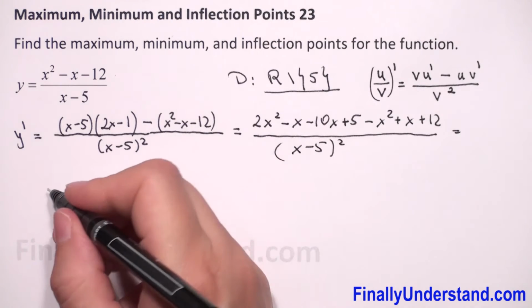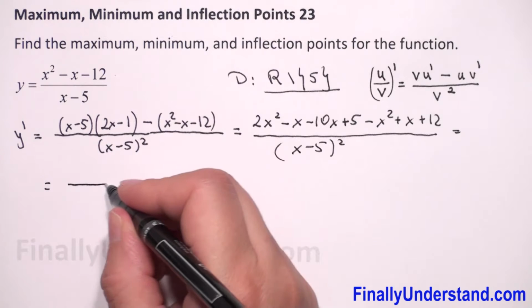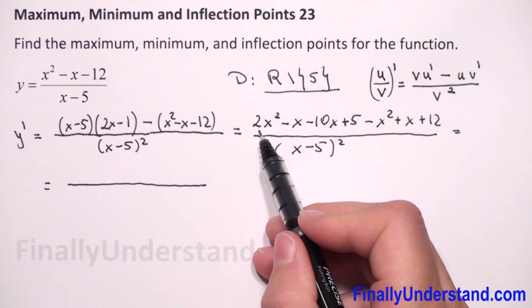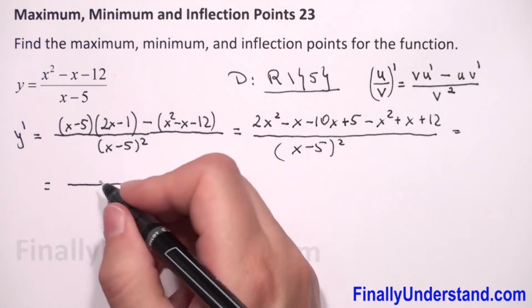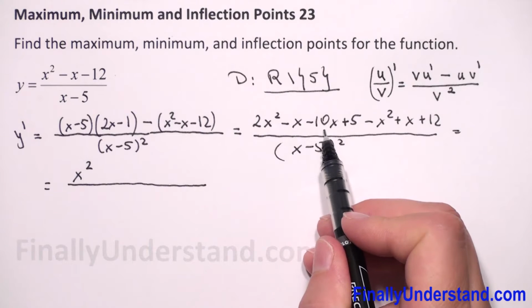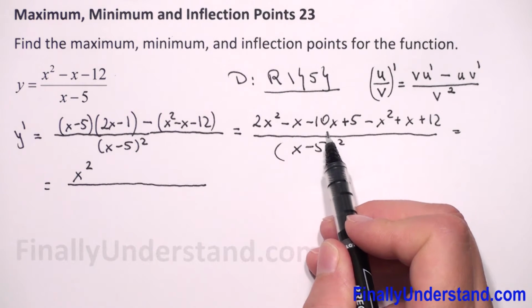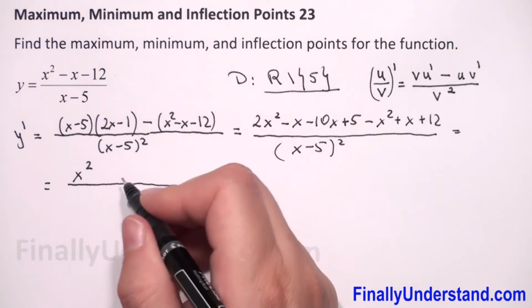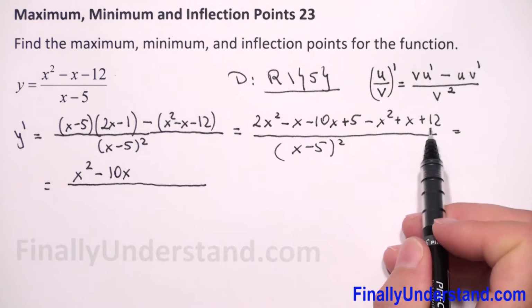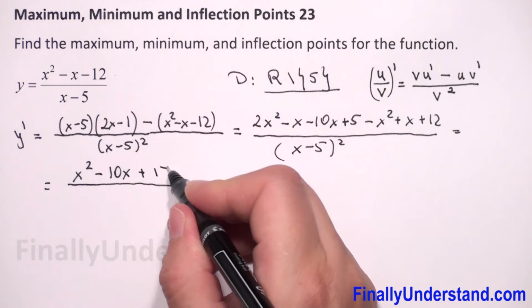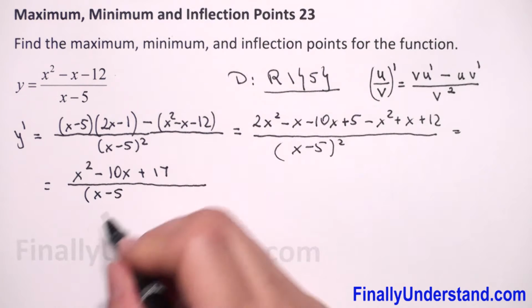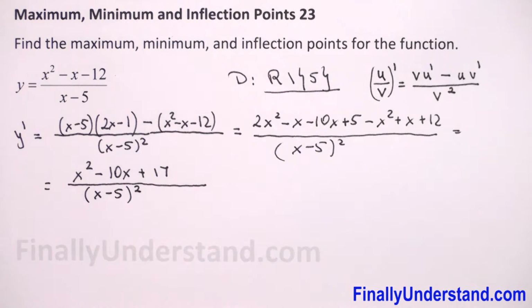This is equal to, in the numerator we can combine like terms, so 2x squared minus x squared is x squared, negative x, negative 10x, plus x gives negative 10x, and 5 plus 12 is 17, over (x minus 5) to the second power.